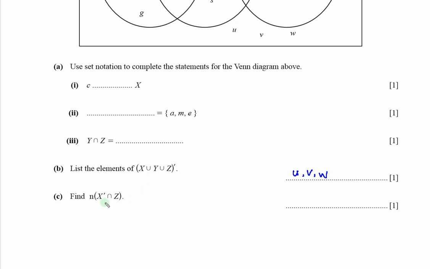Now let's look at the next one. X complement intersection with Z. So let's go and shade this area.